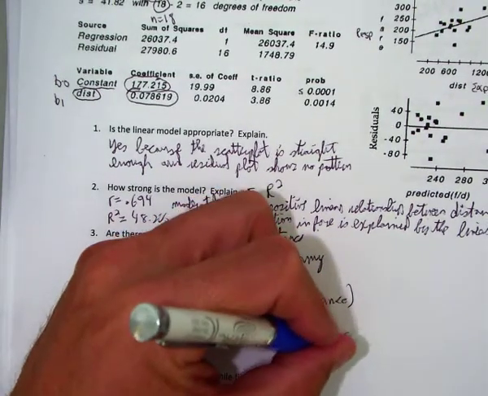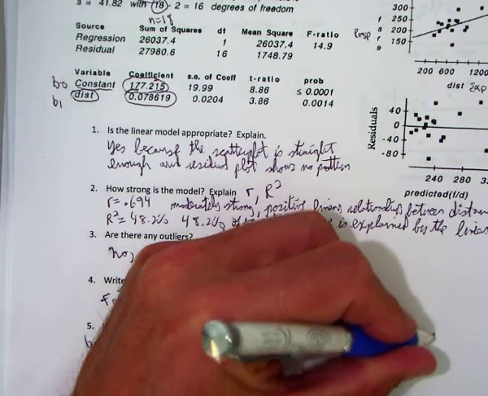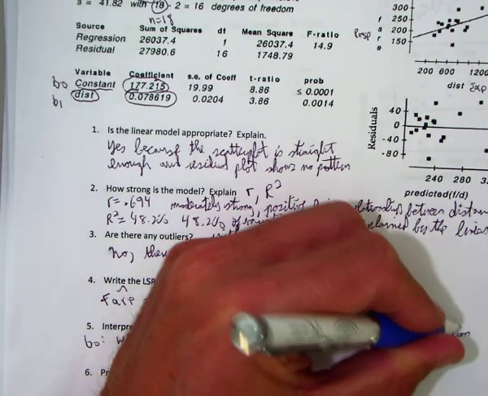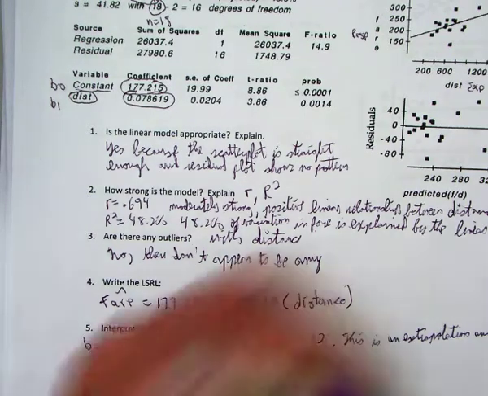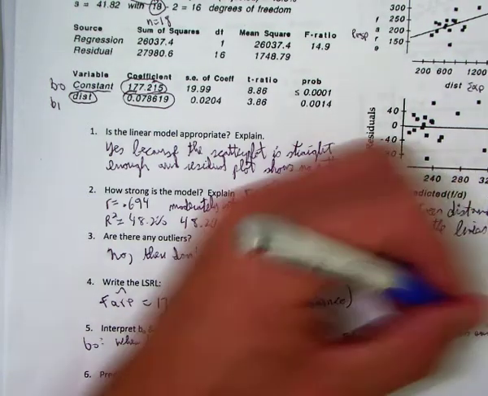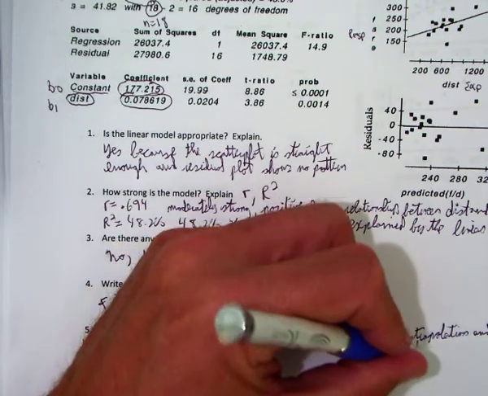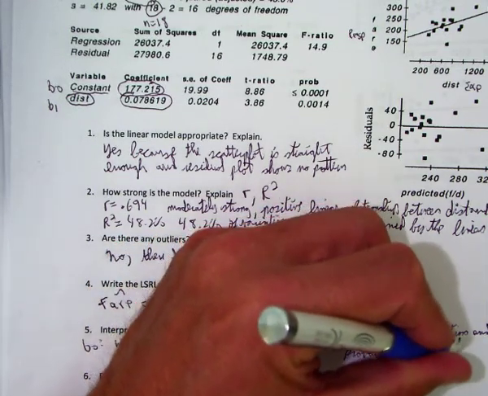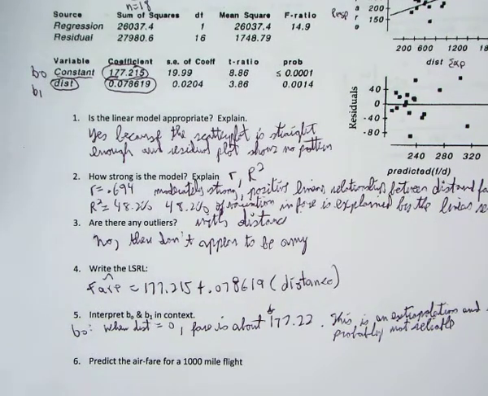So this is an extrapolation, and is probably not reliable. It's meaningless in this problem. Nobody's going to pay $177 to hop on a plane and sit there and go nowhere, so it really has no meaning in this problem.